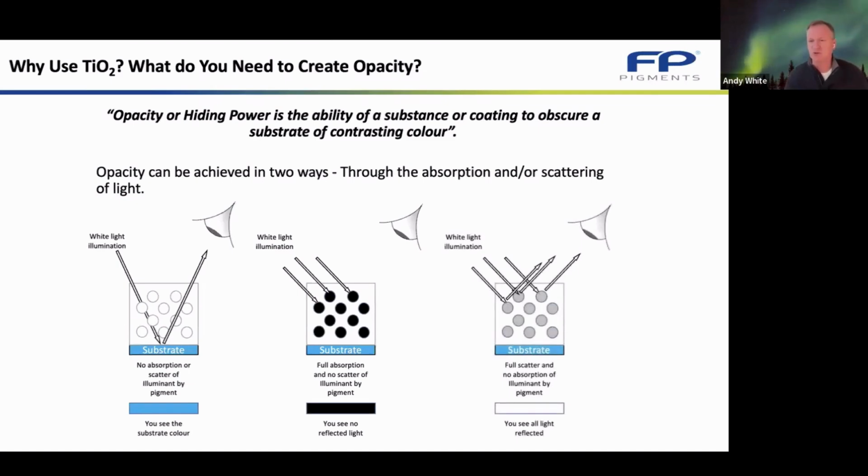But if you want something to appear white, you have to scatter and bend all of the incident light back out. So the human eye is actually not seeing anything absorbed by the substrate. You actually see all of the light that's reflected. And that's what you're trying to achieve with titanium dioxide. You're trying to bend the light back out of the film, back into your eye before you see it.